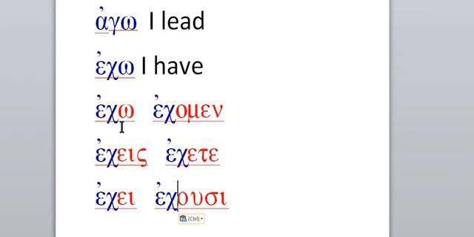Okay, then we have to learn how we can say the angel has the book, or Peter has joy, or the disciples have joy, or anything. I know for translating we need to learn these things.